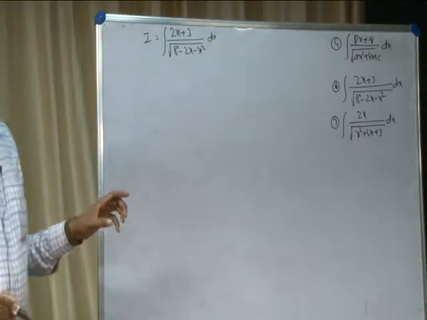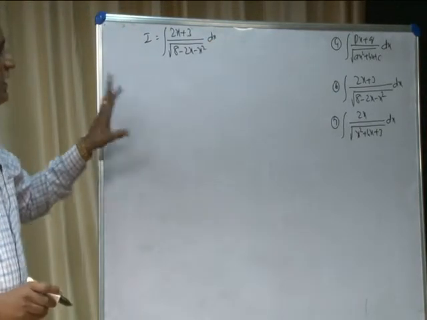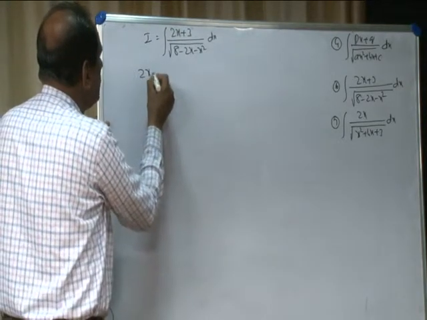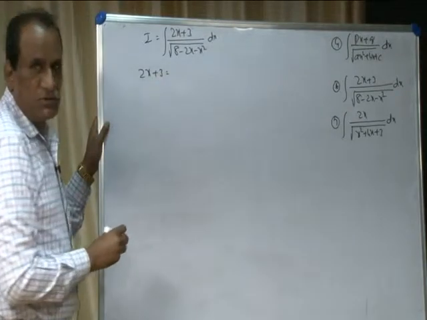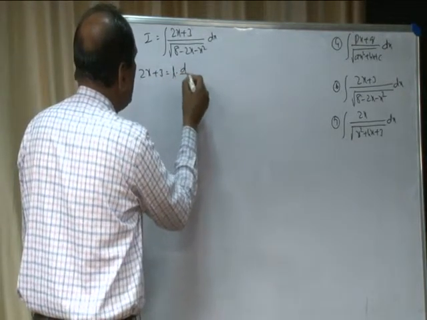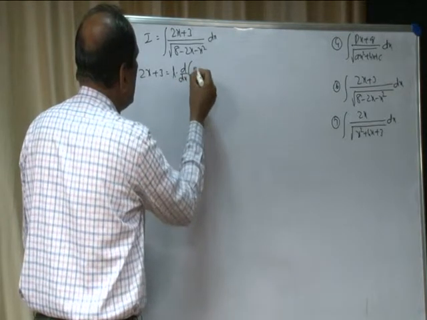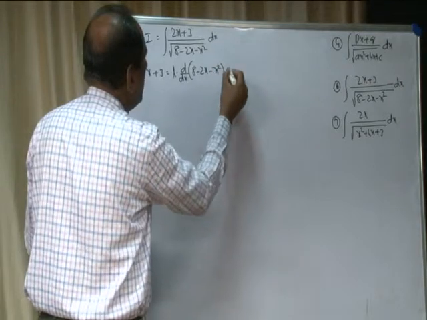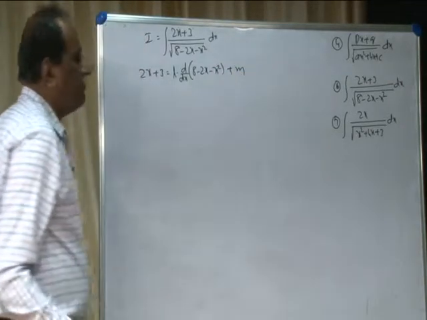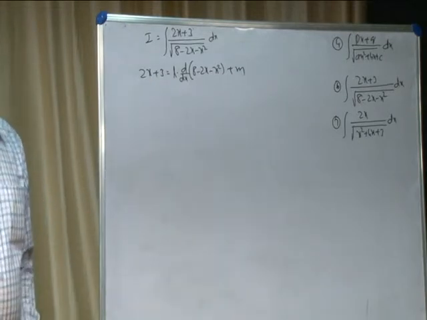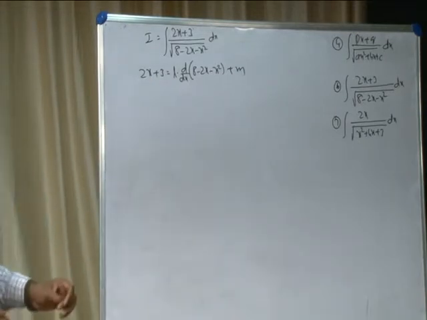I explained the theory part already in the last class. Now express the numerator, that is 2x plus 3, as L into d by dx of the denominator 8 minus 2x minus x square, plus m. Find out the values of L and m by comparing the coefficients of x and constants on either side of the equation.